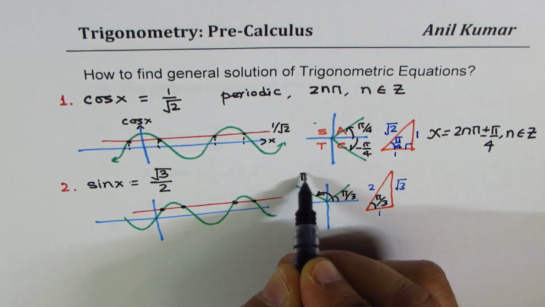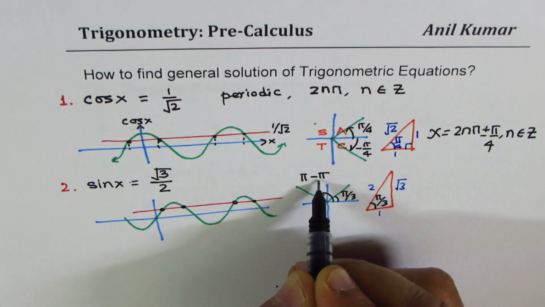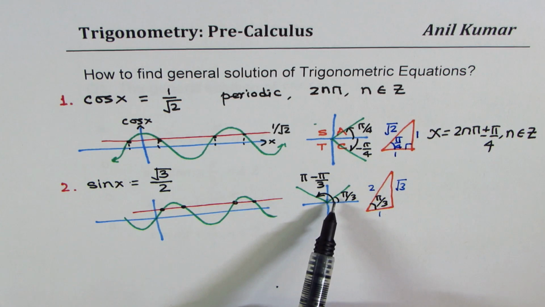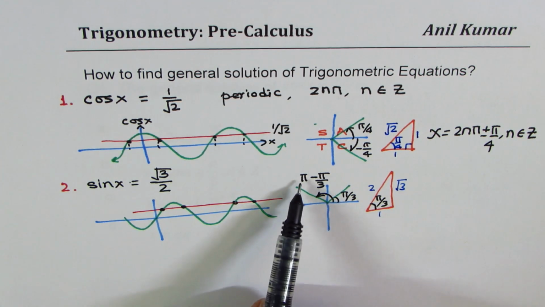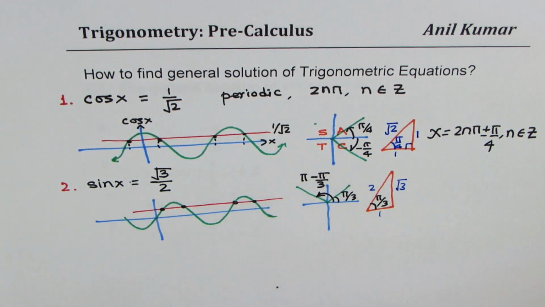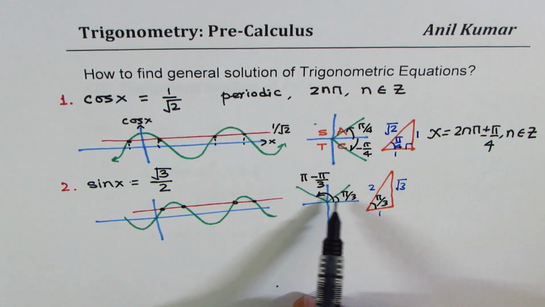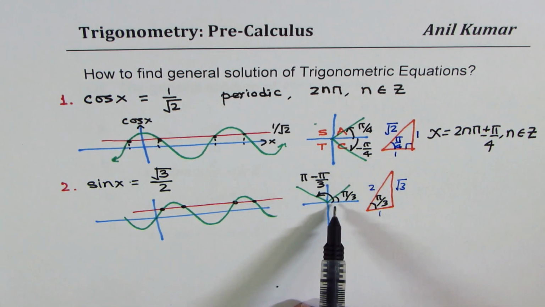This angle is pi minus pi by 3. Do you see that? So we have an angle pi by 3 and we have the other angle as pi minus pi by 3. So what you notice is that both should be added to 2n pi since the period is 2 pi. Correct? Right?